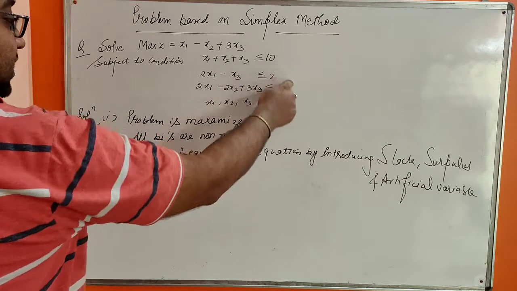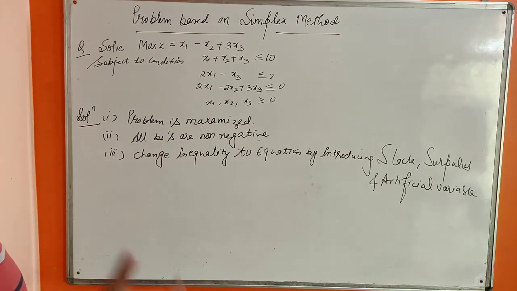Here there are all less than or equal to signs, so we can only add slack variables.